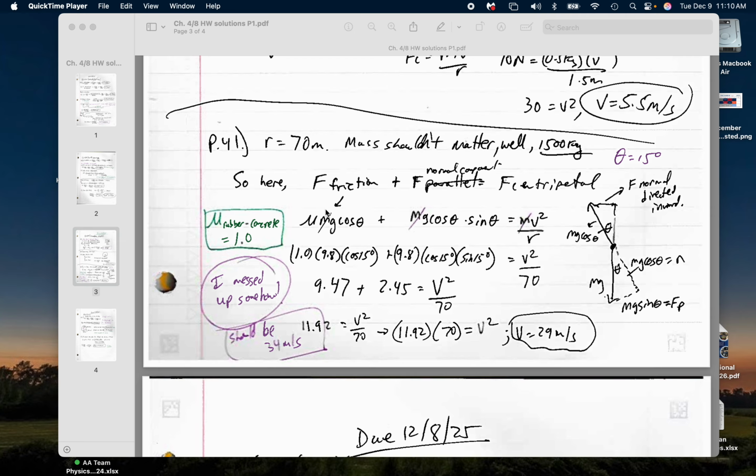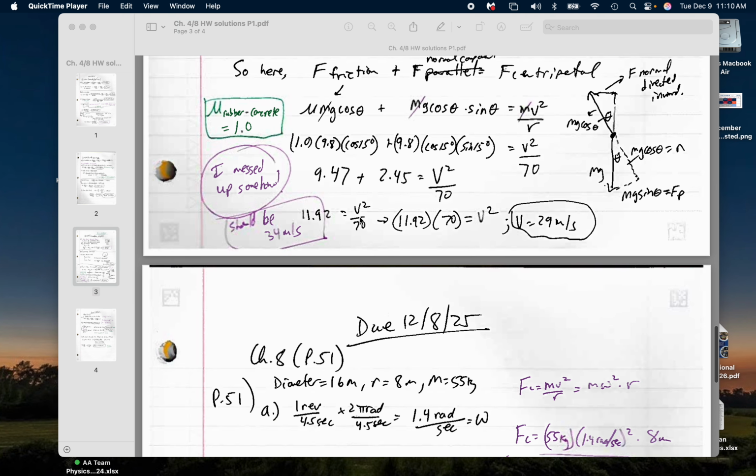The friction plus the normal component is equal to the centripetal force. Oh, but here's what I think I did wrong. I think it's only the inward component of friction plus the inward component of the parallel force, which equals the centripetal force. So I think I didn't take this completely into account. That's what I think happened.